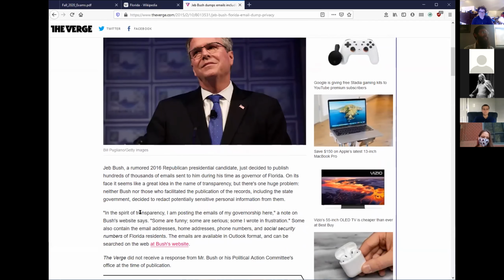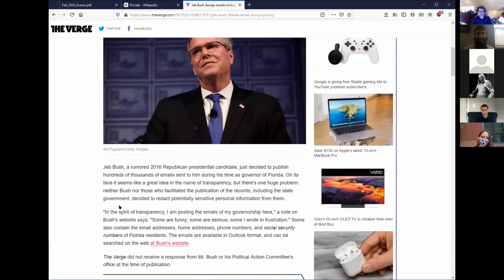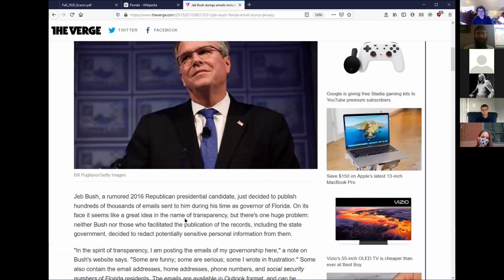So he decided to publish hundreds of thousands of emails sent to him during his time as governor of Florida to show how he interacted with citizens. And believe it or not, people do email governors and senators and representatives for really important things.